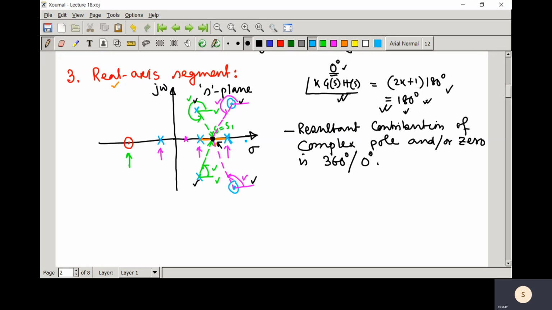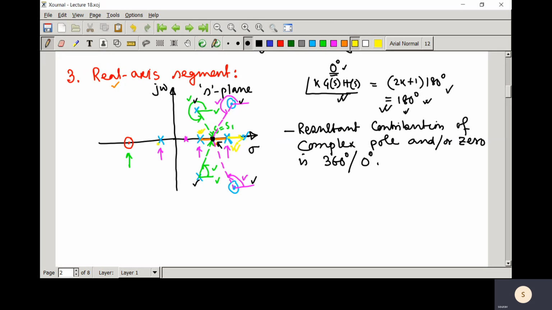So suppose you are here. Then you can see that for this particular pole, its contribution is 0. Why am I saying 0? Because if you just draw this vector, then it is along the 0 degree line.